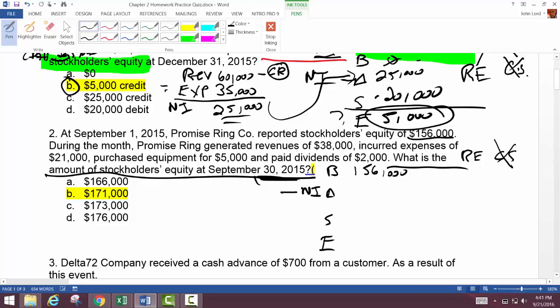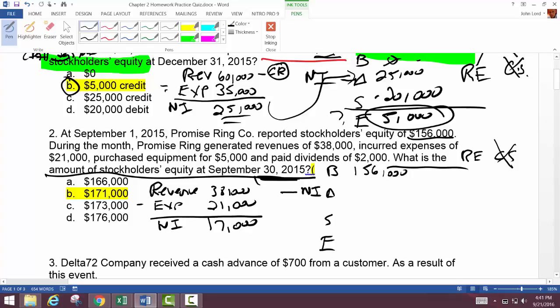retained earnings is net income, so I go ahead and I take the revenue. Revenue is what? 38,000 minus my expenses. Expenses are 21,000. That means I have a net income sitting here of what? 17,000. Thank you.